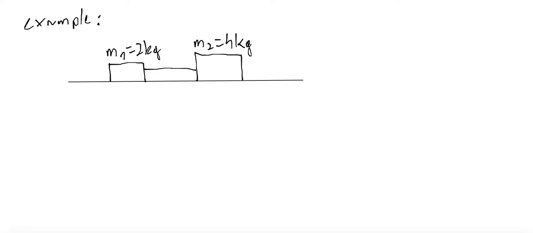Let's imagine that the overall force acting on both is 20 newtons. And again, the question is, what is the tension of the string, or in other words, what is the force which pulls mass M1 to the right?